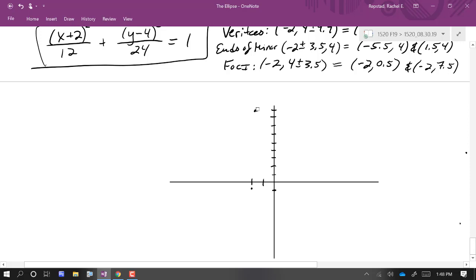And then the center was at negative 2, 4. There's the center. And then the ends of the minor, negative 5.5, 4, and then 1.5. And then we get this.